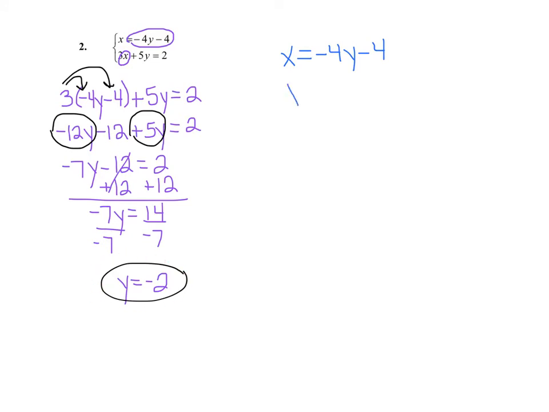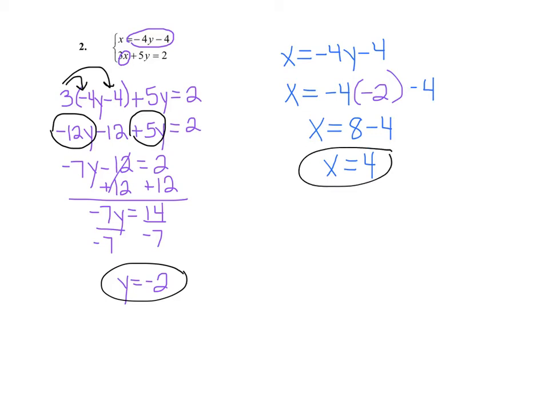So we're going to replace it with x equals negative 4 times the negative 2 that we found, minus 4. X equals a negative 4 times negative 2 is a positive 8. And then x equals 8 minus 4 is 4.